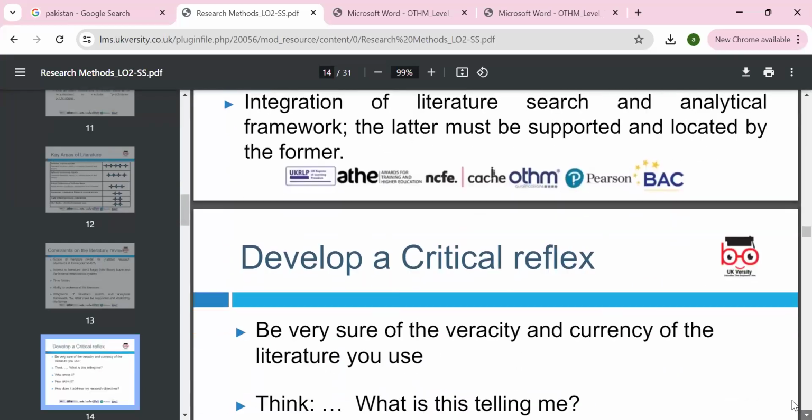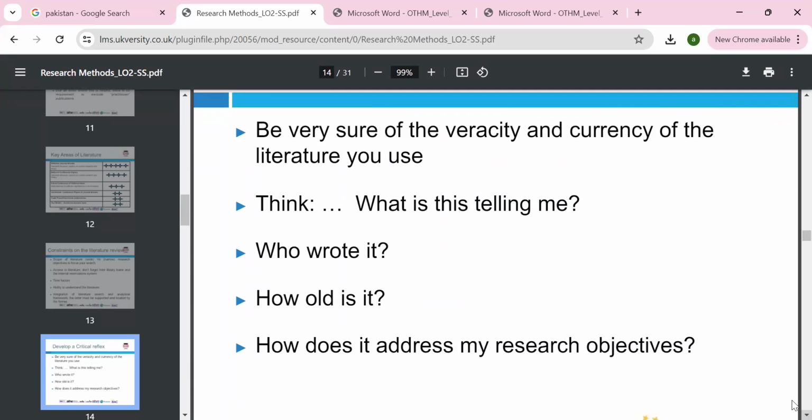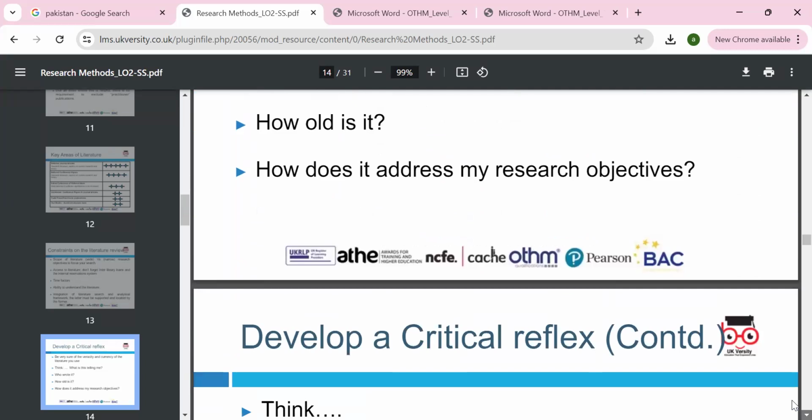Develop critical reflection. Be sure of the currency of the literature and the reliability of the literature: who wrote it? If you're using Wikipedia, always ask who said it, what is the objective, and why am I looking at this?